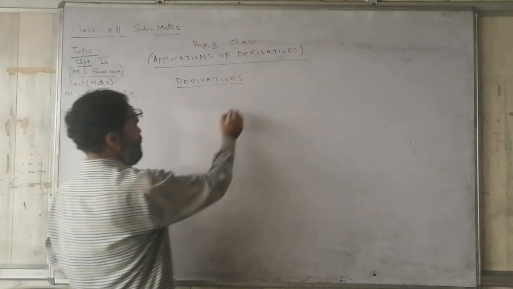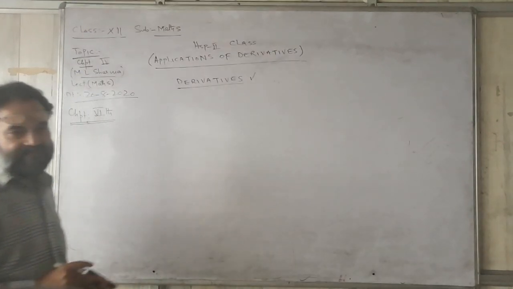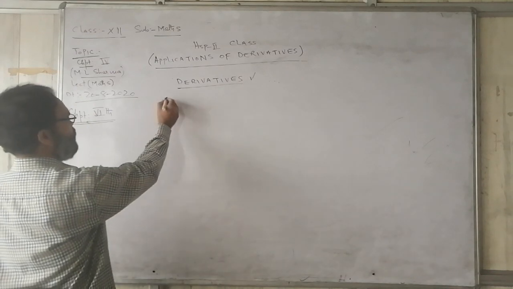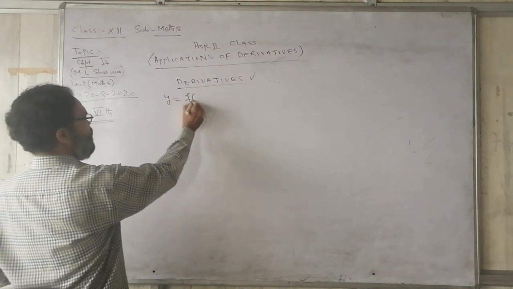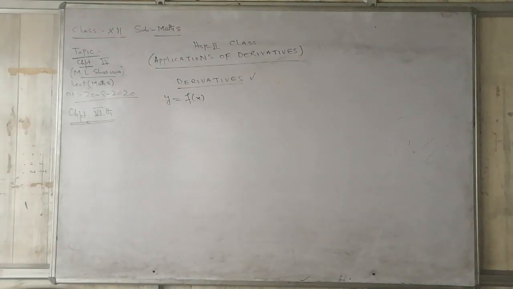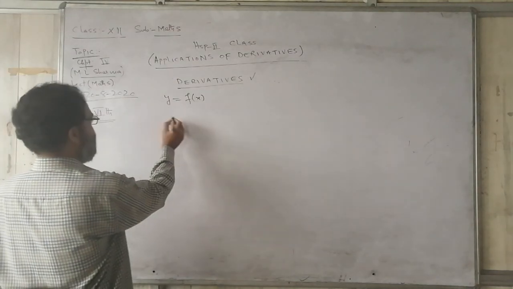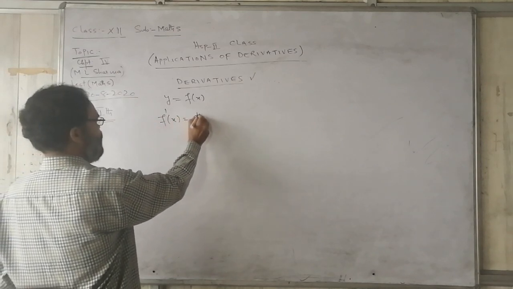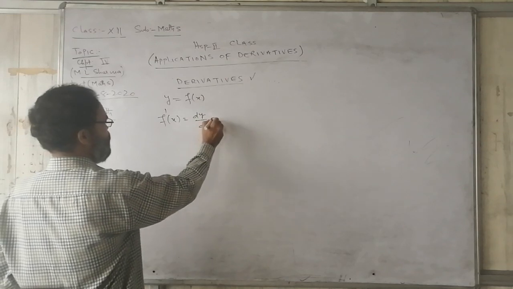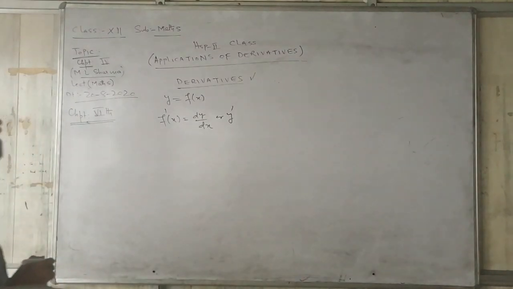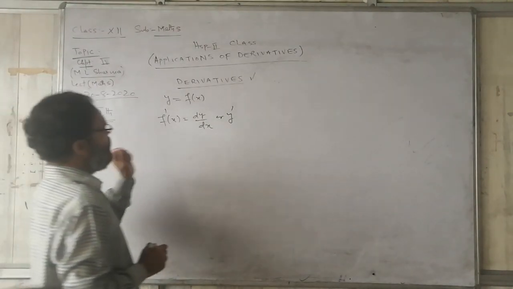So you might be remembering the derivatives. The simple definition: if I have y equal to f of x, a curve, and if I have to find its derivative, it is written in this way, or dy over dx or y dash. So these are the notations or symbols used for derivative.